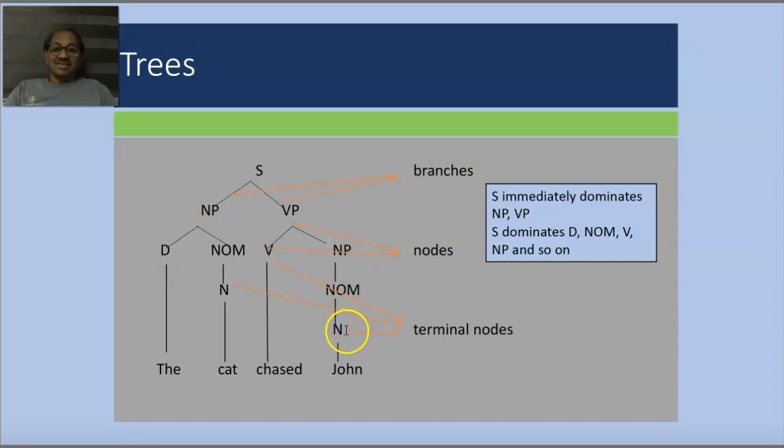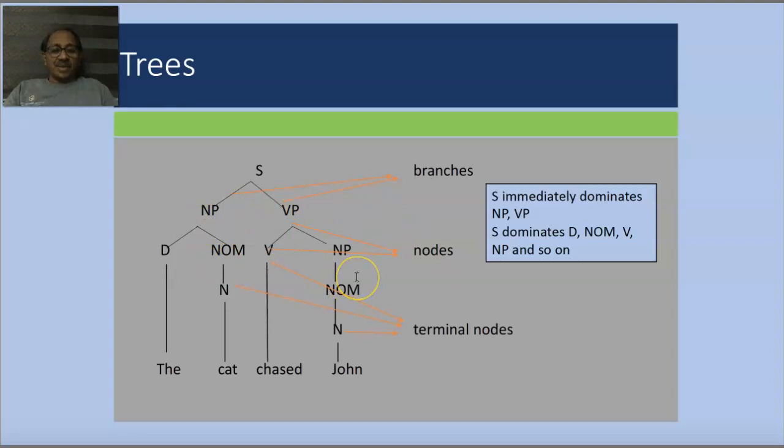Even this N is dominated by S. Immediate domination is where the node consists of the two nodes which are immediately below. So S immediately consists of NP VP, that's the definition. So you have a tree here.